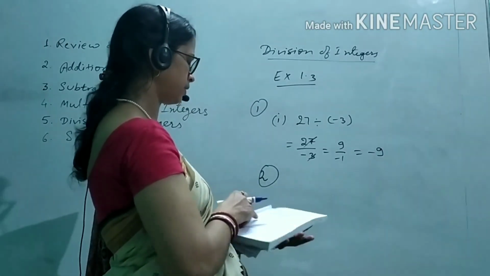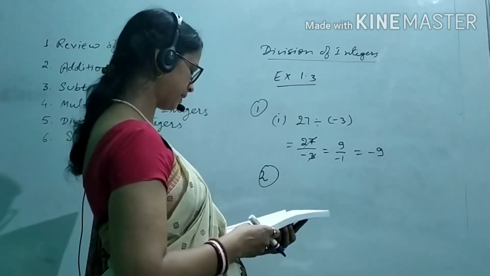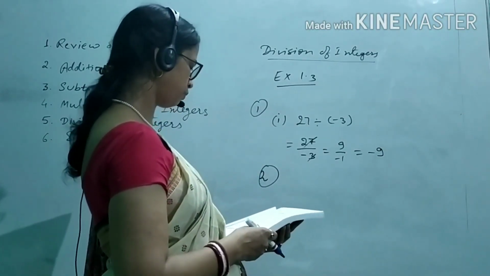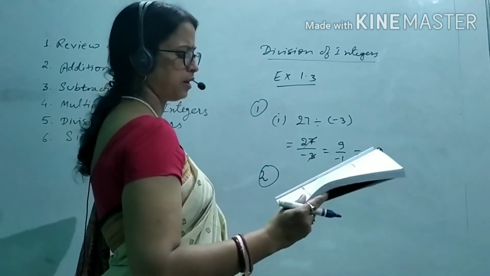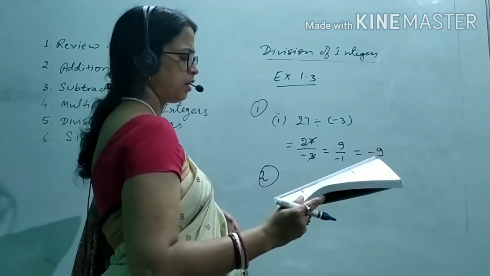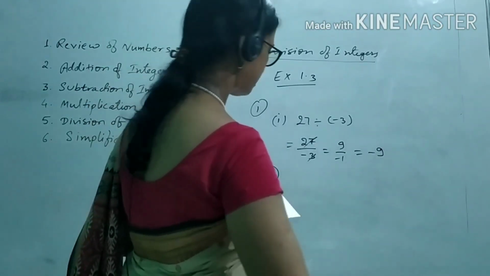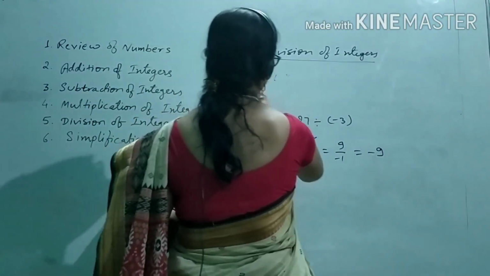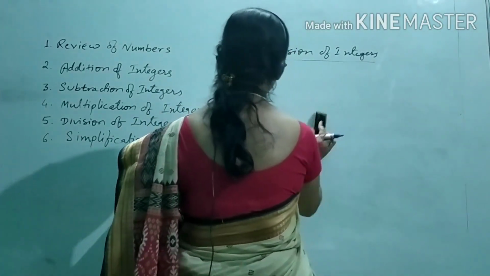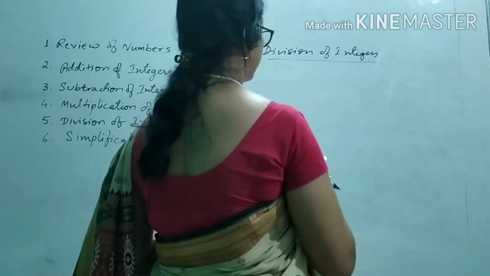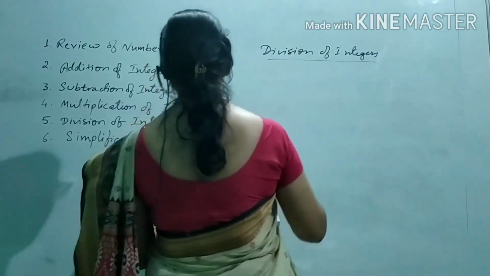Now coming to exercise 1.4, that is for simplification. One of the questions I am going to discuss from the simplification, in that you have to follow the BODMAS rule. BODMAS rule, children, you already started studying since class 3 onwards.